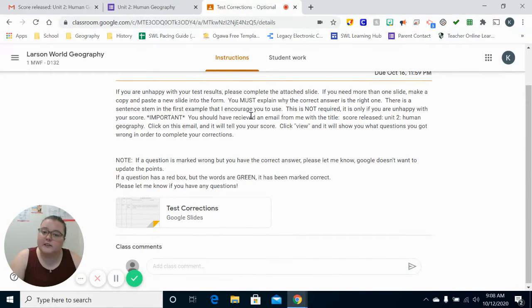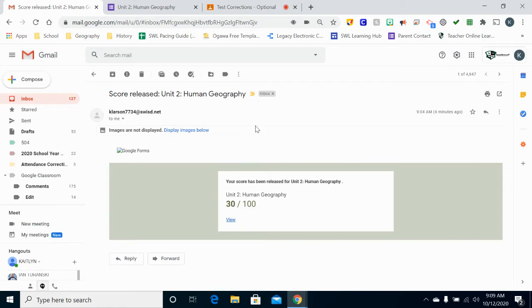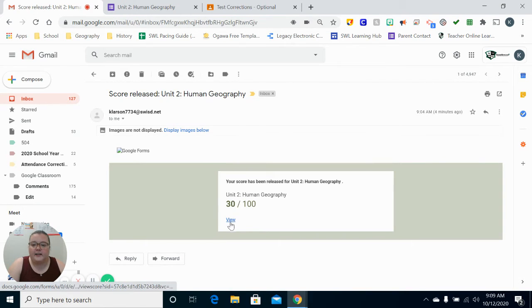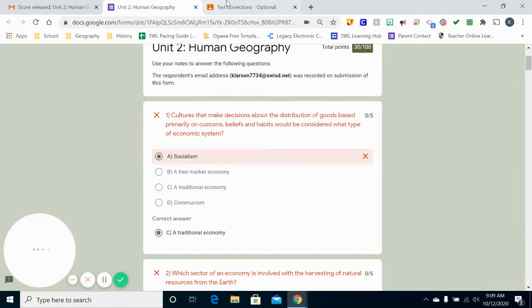You must explain why the correct answer is the right one. There is a sentence stem in the first example that I encourage you to use. Again, it's not required. If you received an email that says score released unit 2 human geography, click on it, hit view, and it'll take you to your test.